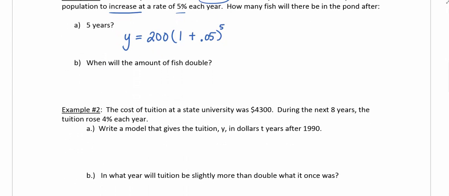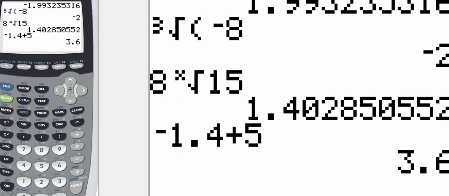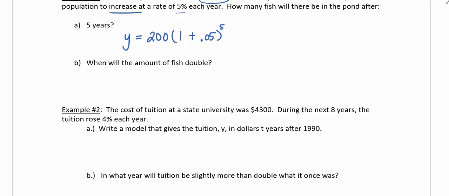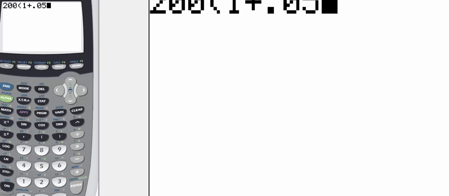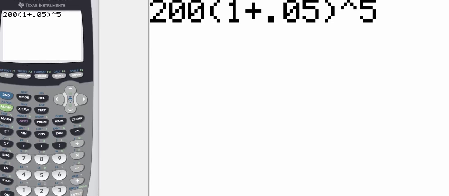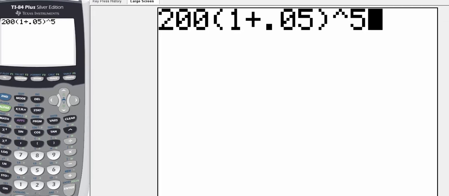And then to solve this, you just need your calculator. Take out your calculator and you're just going to type this in. It was 200 times 1 plus 0.05 to the 5th power. And I'm realizing now that you're having some trouble seeing that. That should be better.